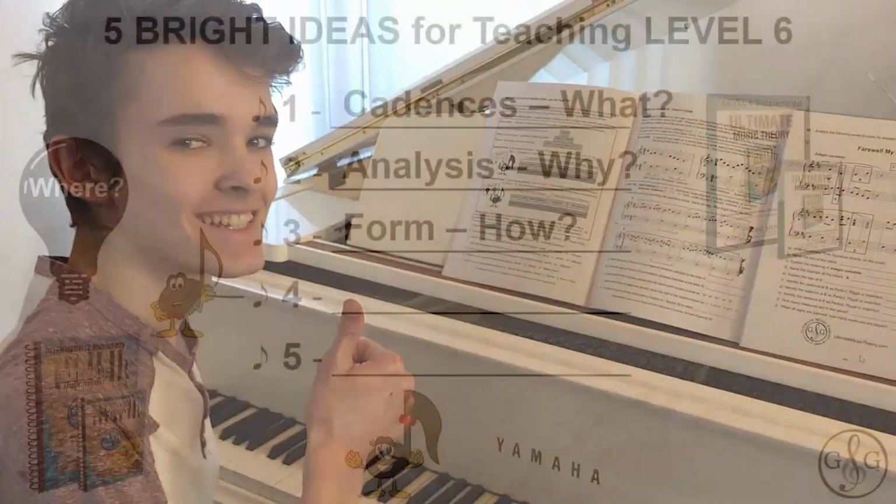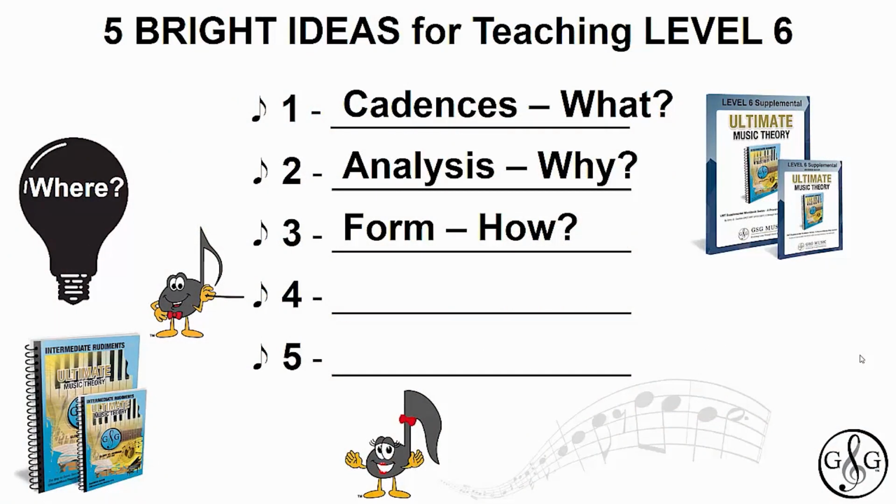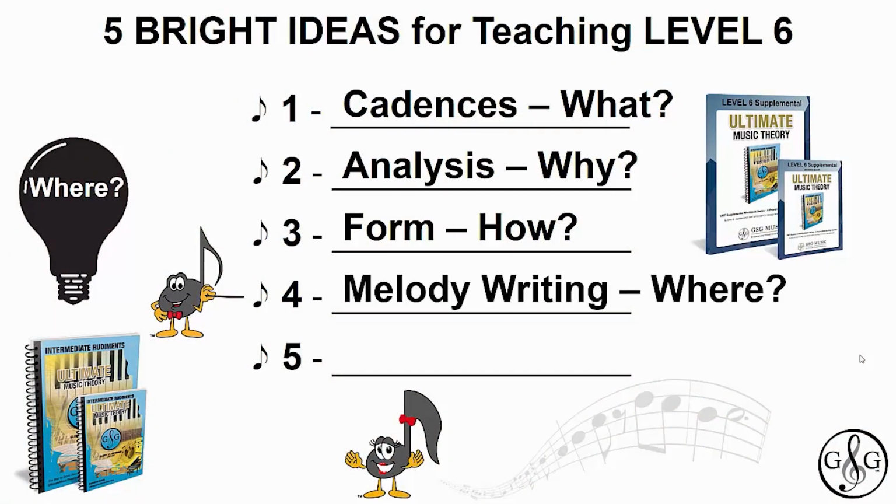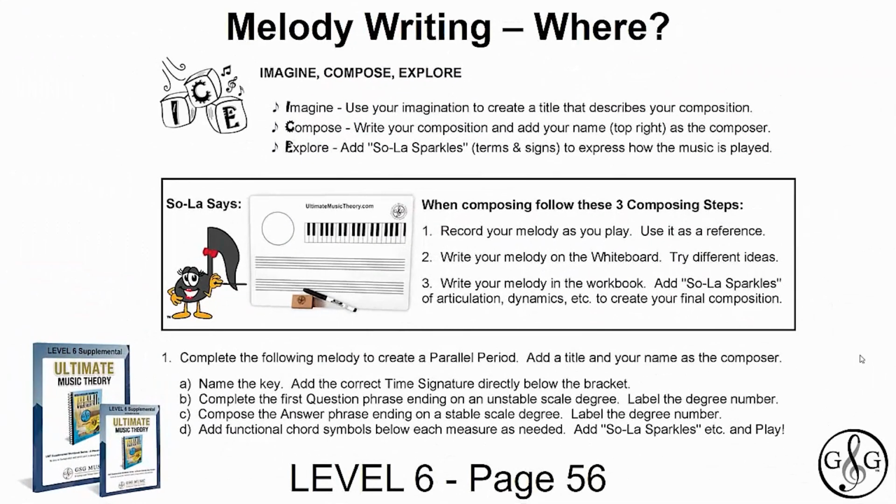I got it. The fourth bright idea is melody writing. Where do we start? That's a good question. Level 6, page 56, melody writing. Where do you start? Well, start with ice.